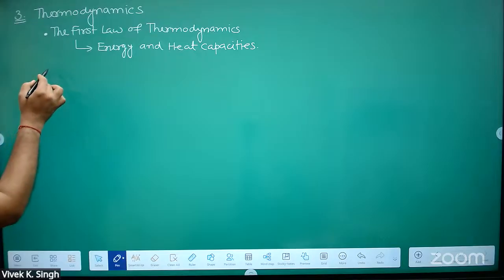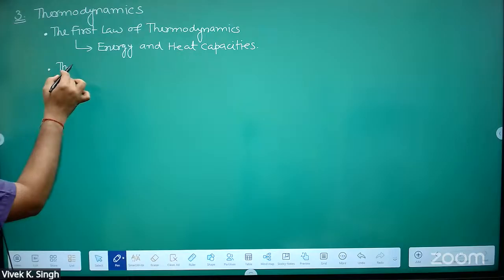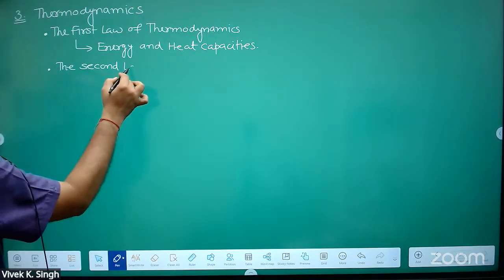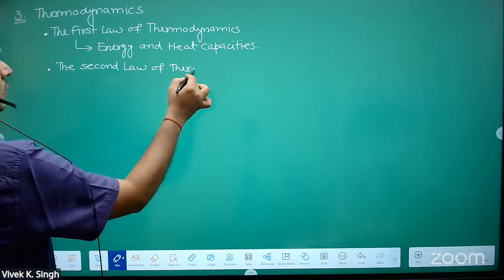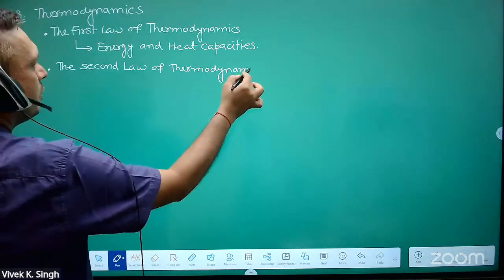Then we have the second law of thermodynamics.